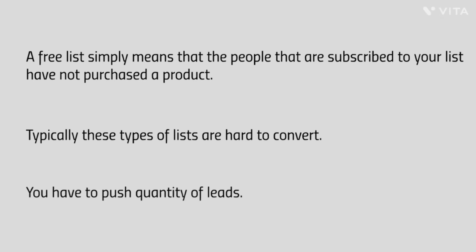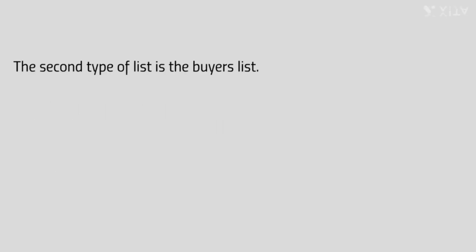So in this case, you have to push quantity of lists. Instead of focusing on quality and conversions, you really have to focus on numbers. So it's a numbers game. Instead of having a list of, let's say, 100 buyers, you have to have a list of 1,000 or a couple thousand.